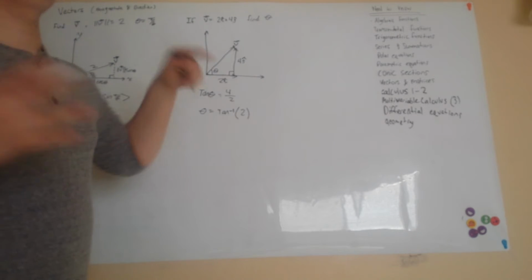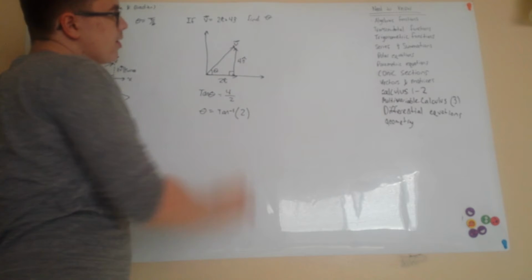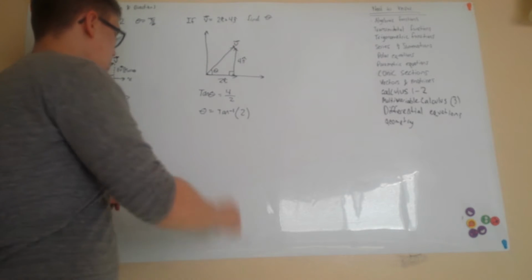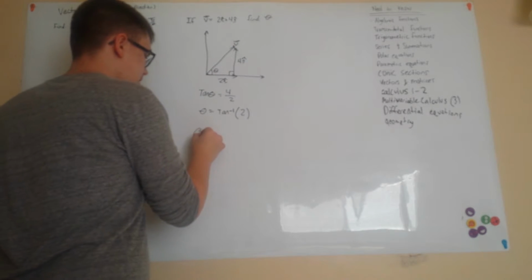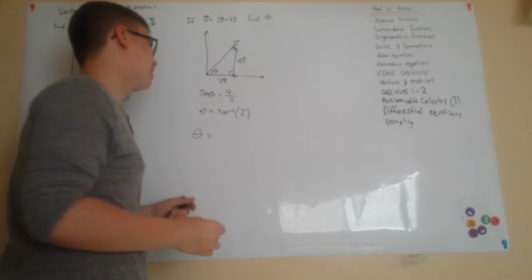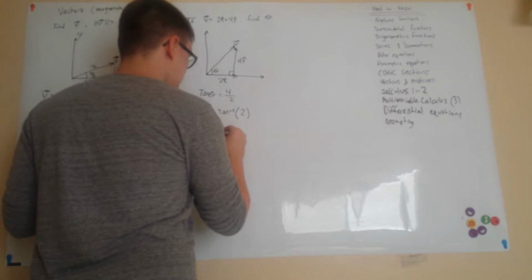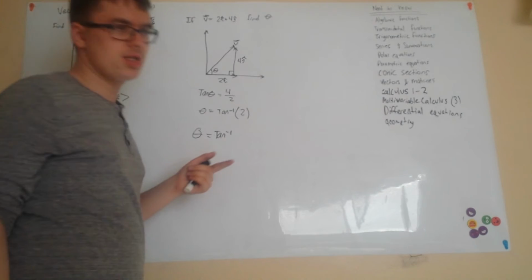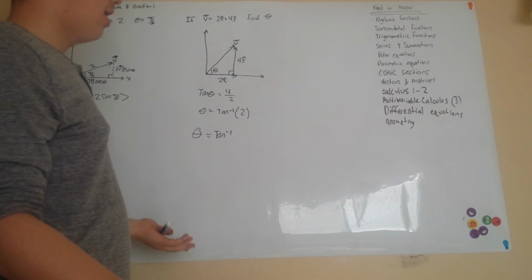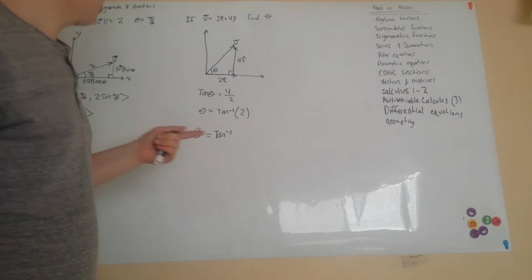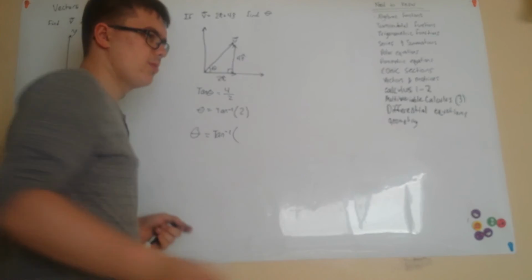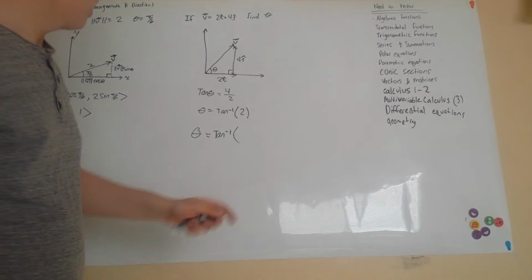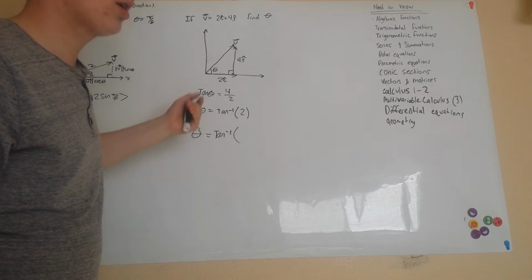People usually memorize this, the angle given your vector. We usually say the angle of your vector is going to be your tan inverse or arctan. I don't care what you call it. It's funny how people have two different names for that. Tan inverse, arctan.